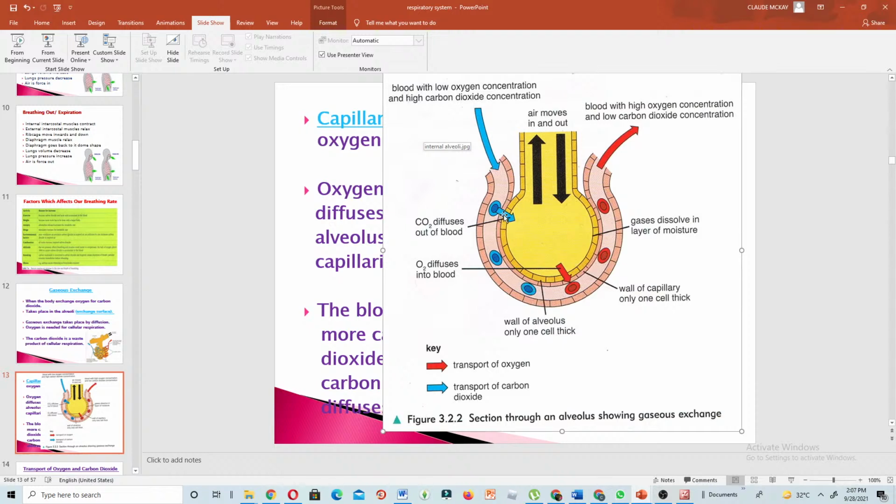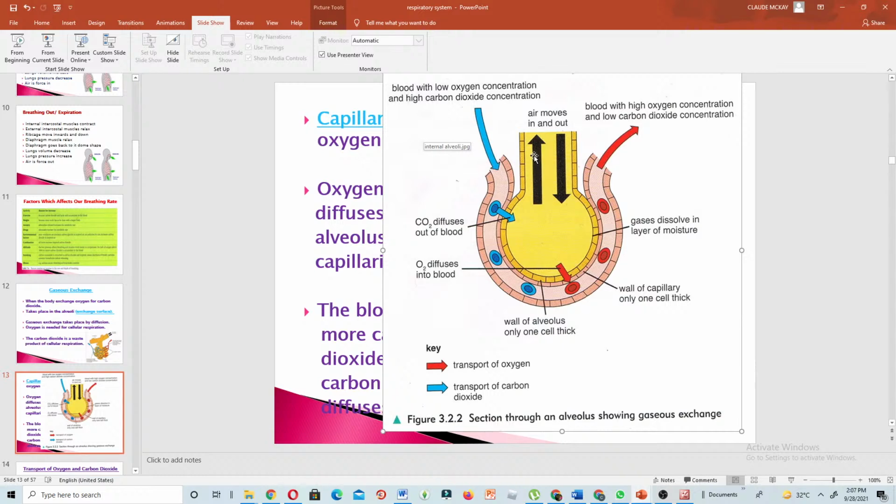Now if you look at the arrows, they are saying CO2 diffuses out of the blood. So the blue represents the carbon dioxide that is moving out of the blood into the alveolus, and the arrow now is showing that air moves in and out.